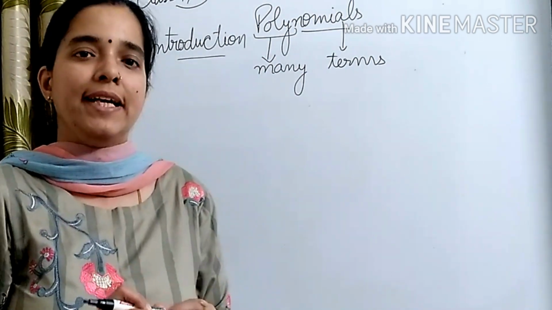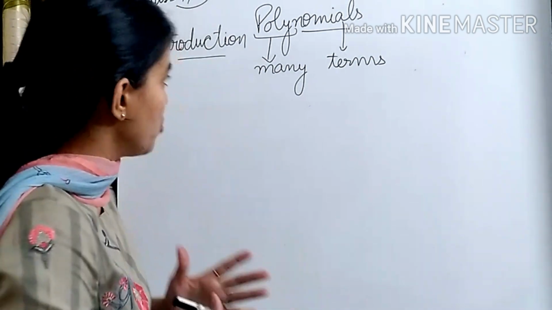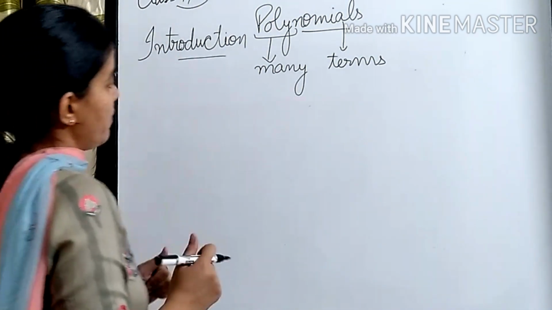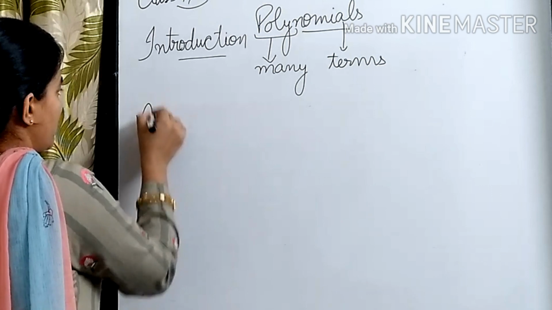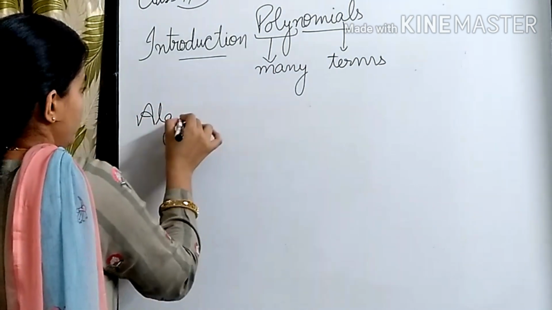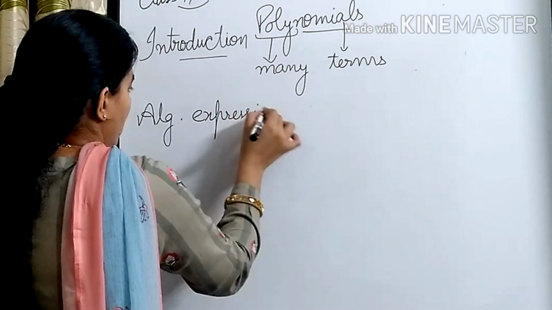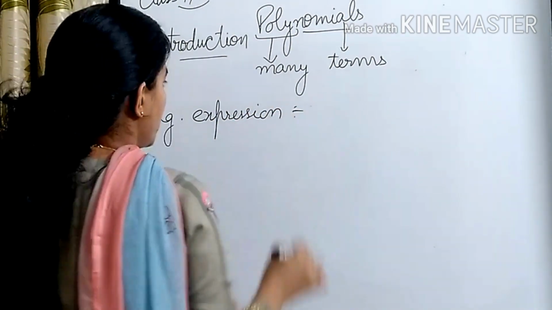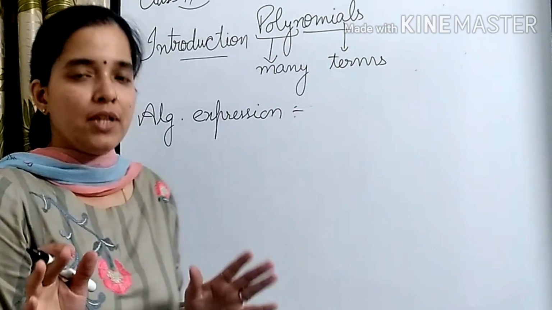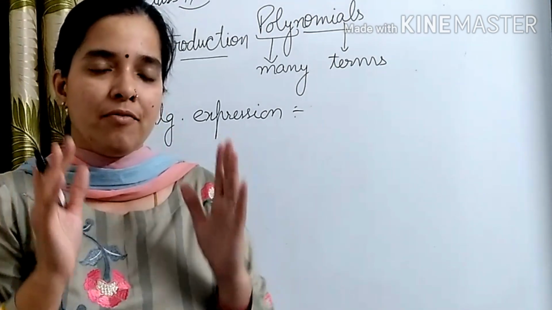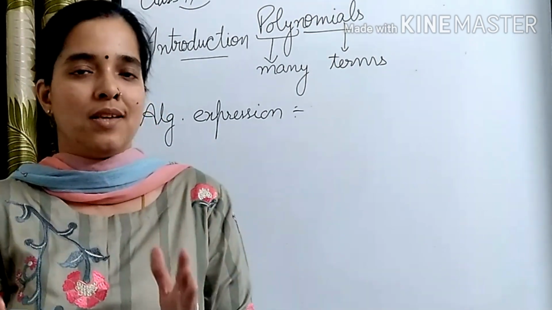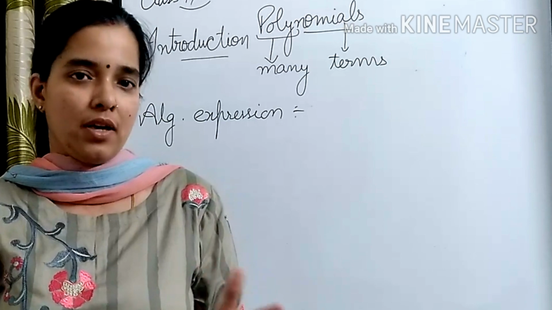It is many terms. Now, coming to how to discuss, first I will start with algebraic expression. What are algebraic expressions? They are simply those expressions where we have variables, constants, and some operations going among them.